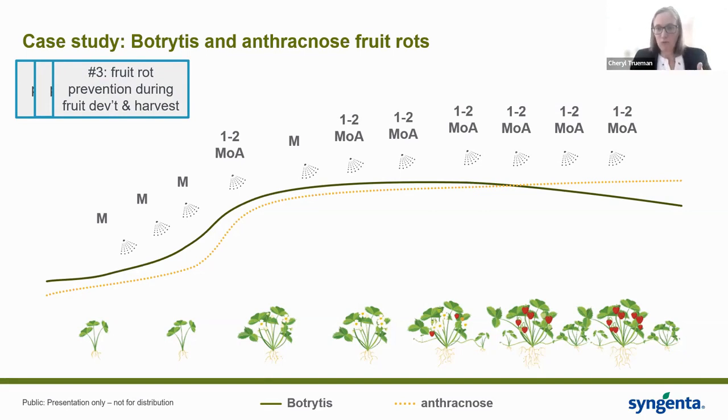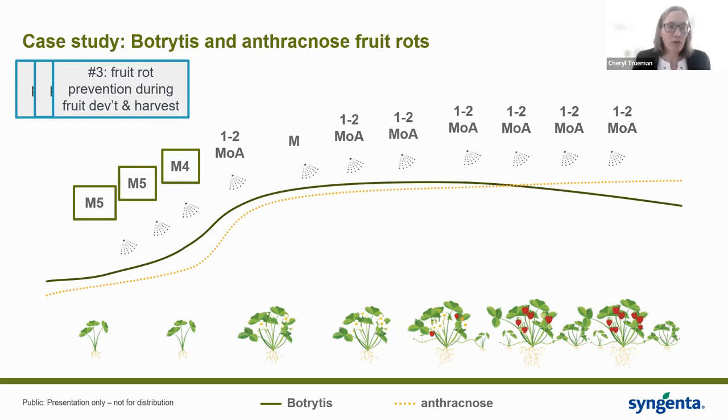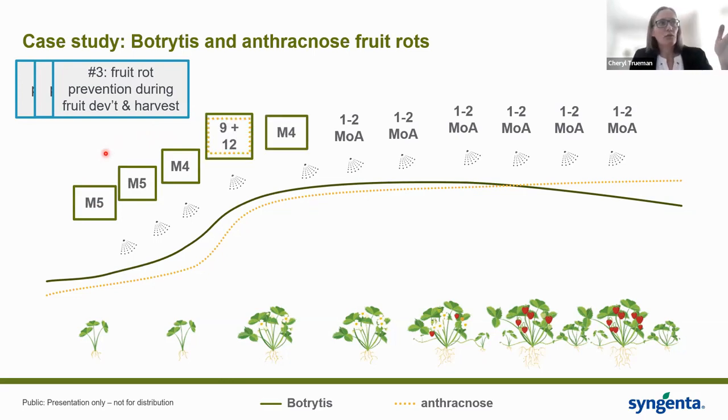So what could this look like? This could be like an M5, M5, M4 early on. So this is chlorothalonil and Captan, for example. And then we've got those single site modes of action integrated into the program as risk starts to climb.